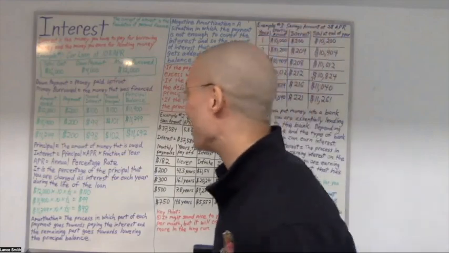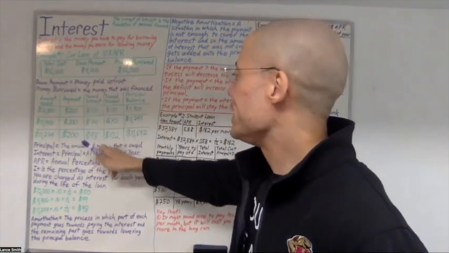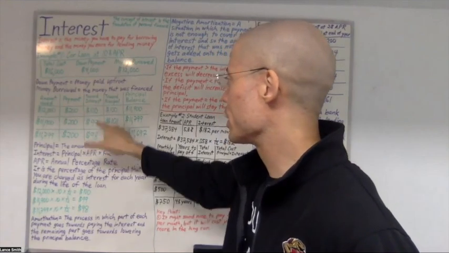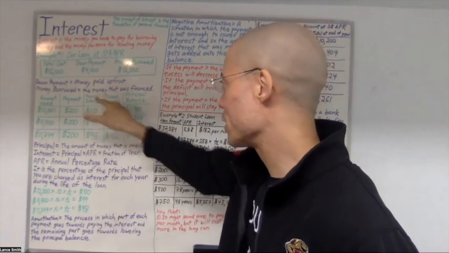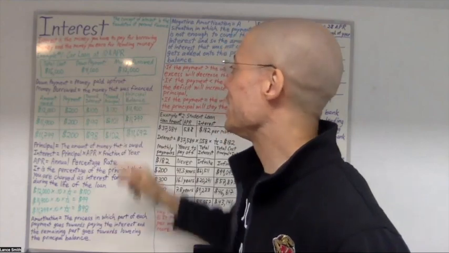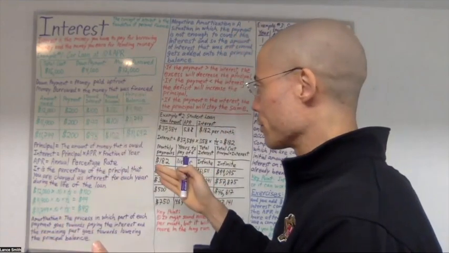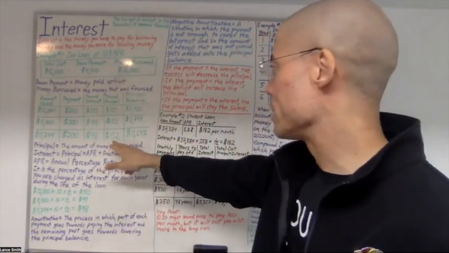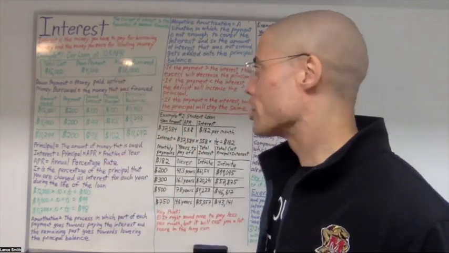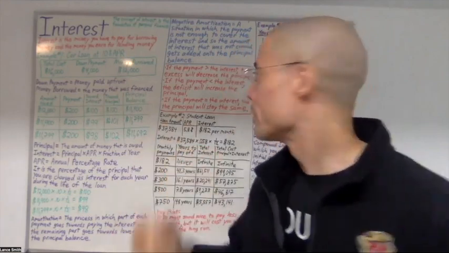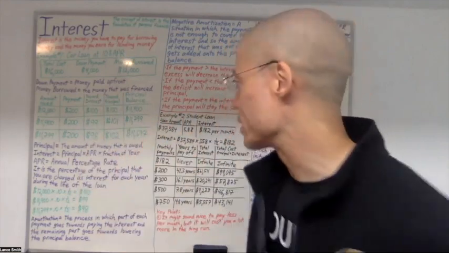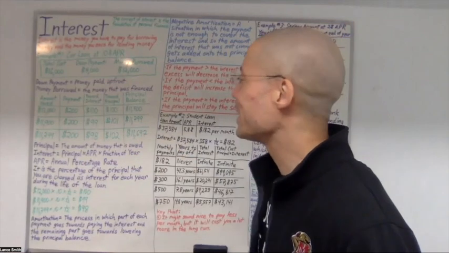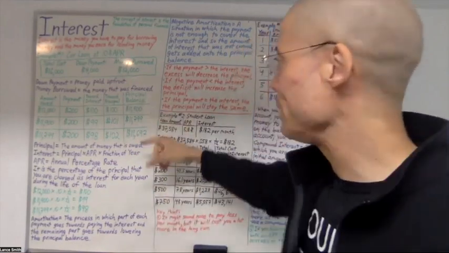All right, so now only $98 of the $200 is going towards interest. $98 goes towards the interest, and then the remaining portion is going towards paying down the principal, which is $102. So after the third month, what is our principal balance? Well, now our principal balance is 11,697.